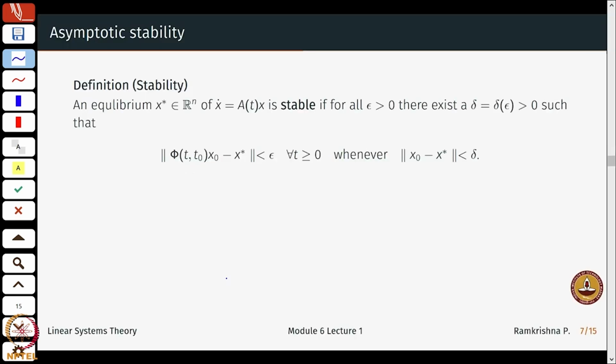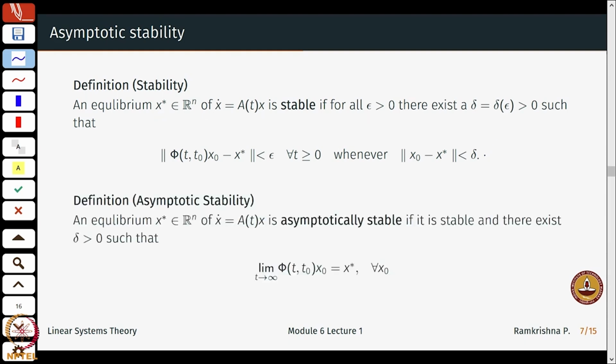So, the definition states the following. We will first read the statement and then try to interpret it. The equilibrium x star of this system is stable if all this epsilon delta exist, so the basic definition of stability should be satisfied.